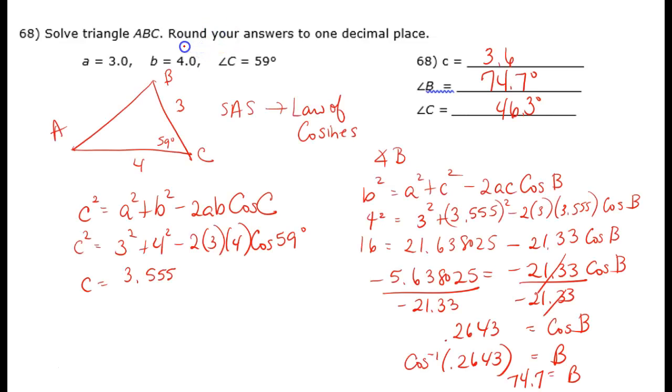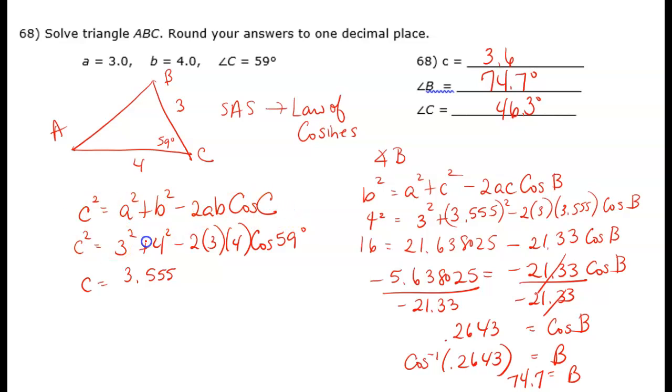Okay, this one, if you look at what you're provided with, you're given a side, angle, side. Side angle side is a law of cosines case. So with law of cosines, I've got to find a missing side and two angles. So let's start with finding the missing side first, which would be C. So I would use C squared equals A squared plus B squared minus 2AB cosine C. Remember, these are on your formula sheet, so you don't need to memorize these.